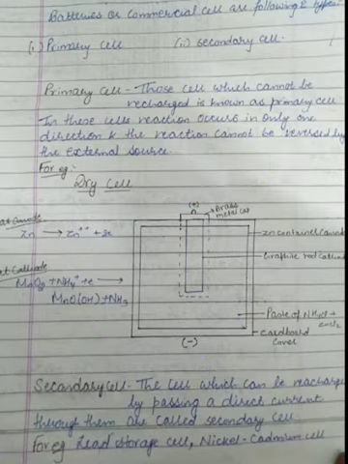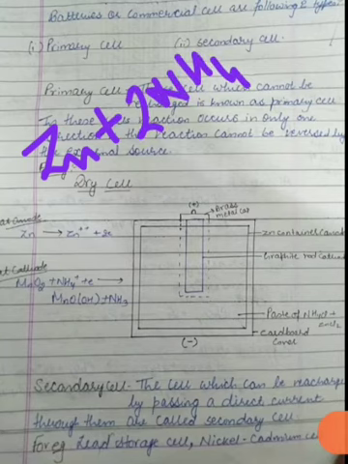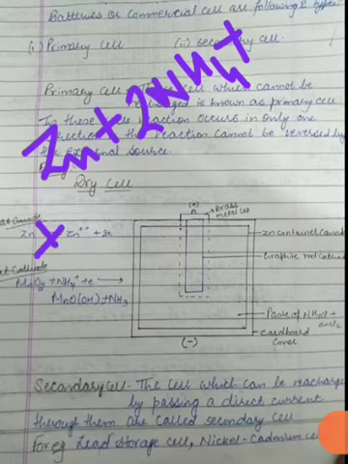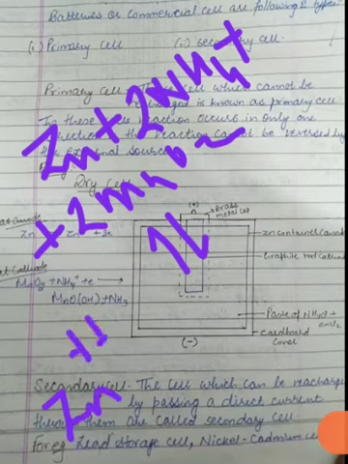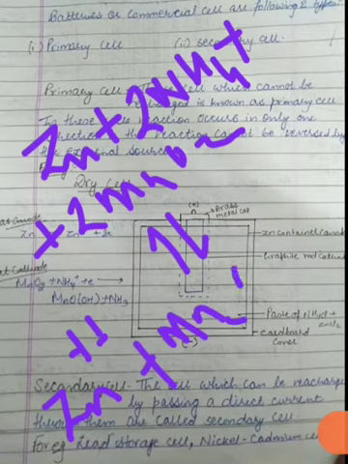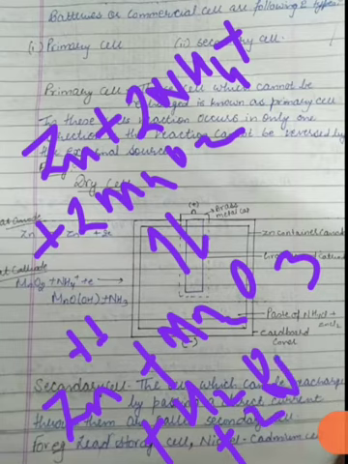The overall cell reaction will become Zn plus 2NH4+ plus 2MnO2, with the reversible sign, converting into Zn2+ plus Mn2O3 plus H2O plus 2NH3.